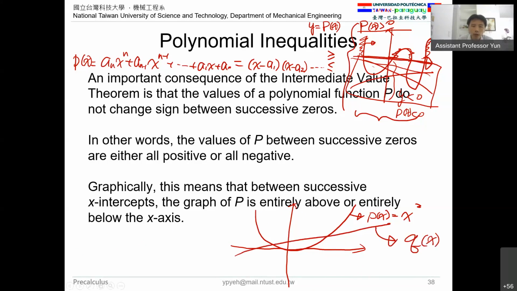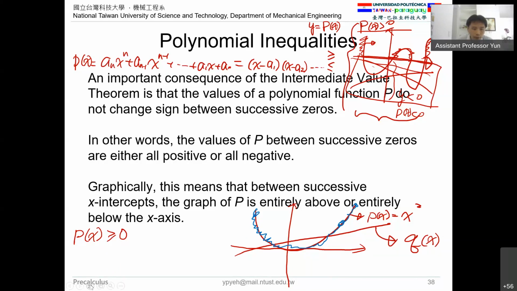So in the polynomial inequality, in some cases, if we would like to find p of x, since we know that if that is larger than or equal to 0, then the graph of these functions will include this term here, right? So we can use this function to present these functions.